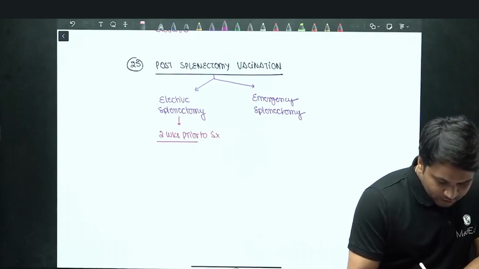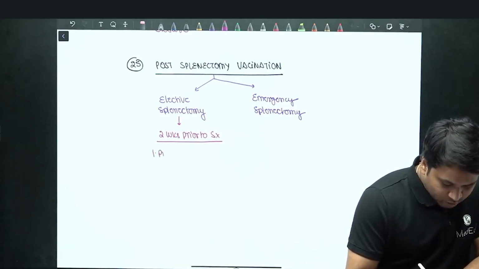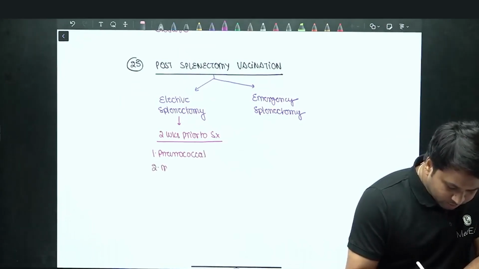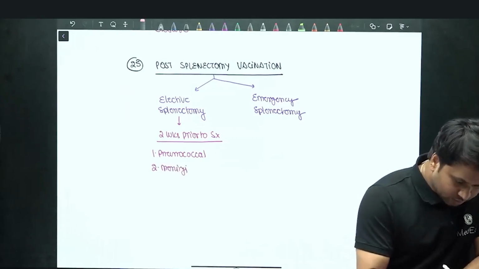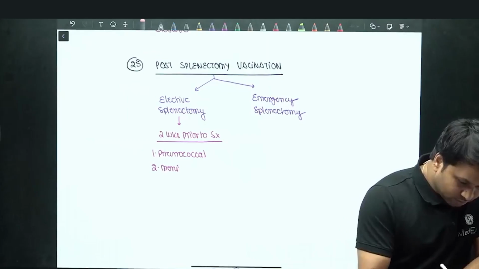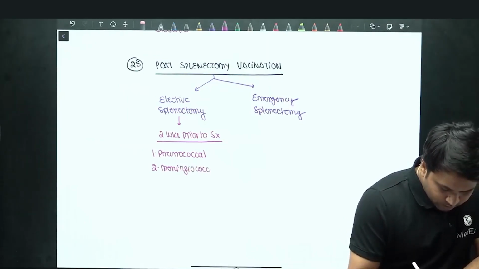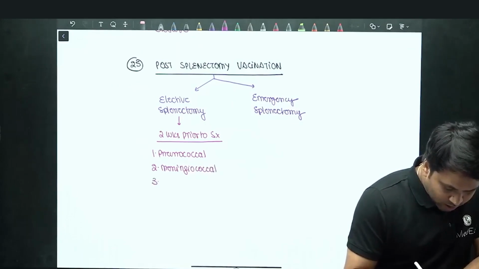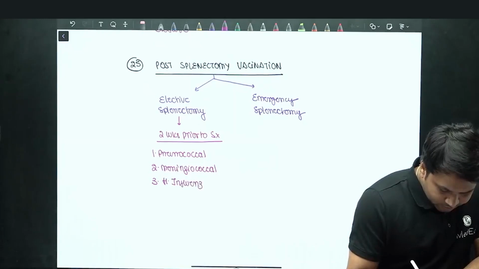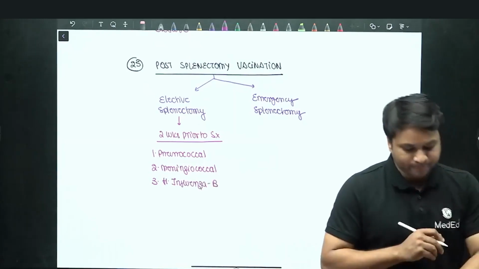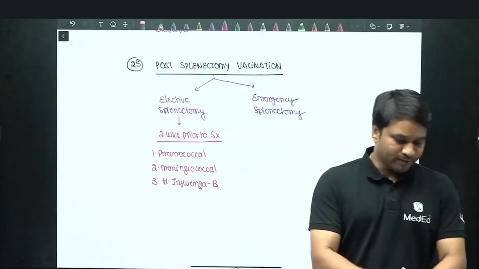And the vaccines that you give are pneumococcal, meningococcal, and H influenza B. 3 vaccines, 2 weeks prior to surgery.